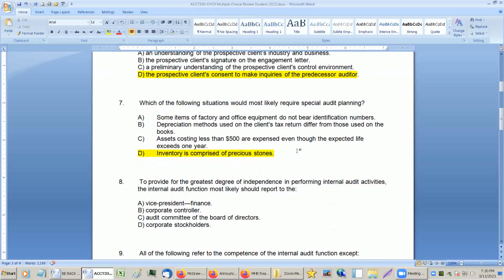In this case, a specialist is like a gemologist. I have no idea if I'm spelling that right. But the reason I laugh is that in the CPA exams, gemologists get an inordinate amount of attention.